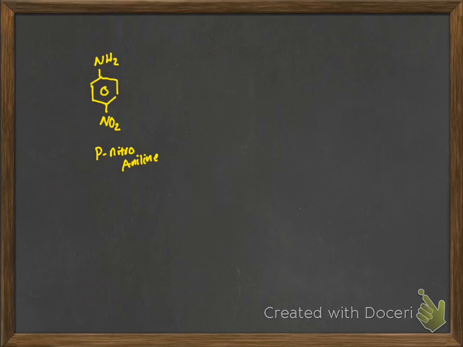There's a couple extra steps involved because here's what you might be thinking. Well, the positioning here is para. The NH2 is an ortho-para director. The NO2 is a meta director. How do we put an NH2 on a ring?